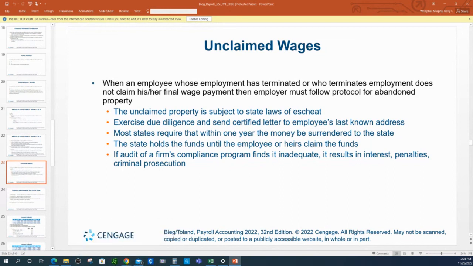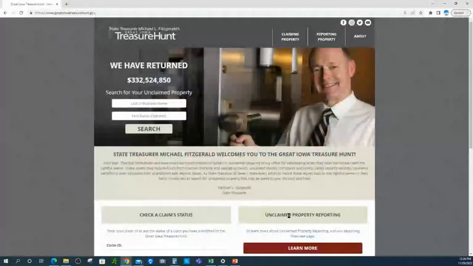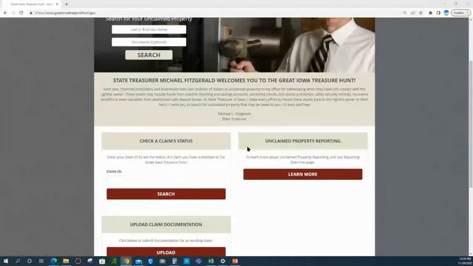Let's see if I can find it here. See if I can remember what it's called. Here it is. It's called the Great Iowa Treasure Hunt. And it is a list of all of the unclaimed property.